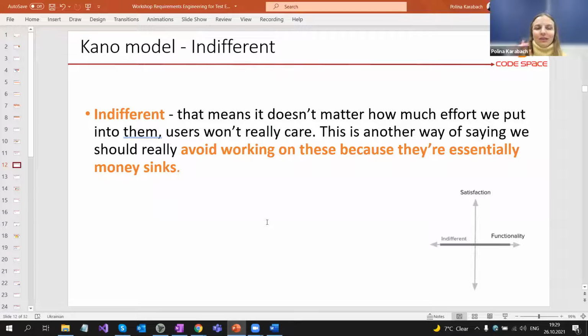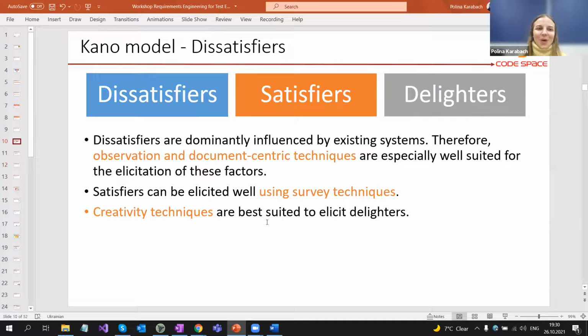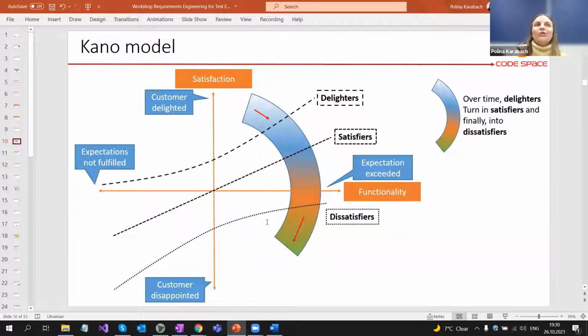And there's also another part of reverse features. Reverse features are those that users don't want. In fact, if we add them, it will cause dissatisfaction. So it's a vice versa dependency in satisfaction.